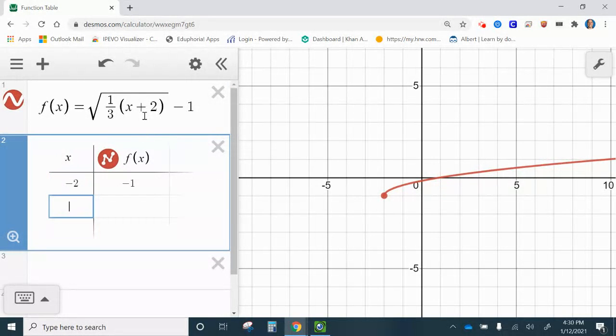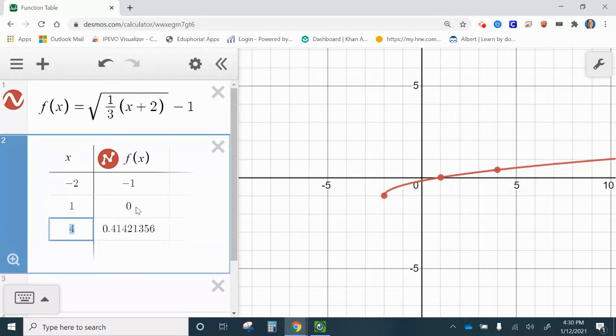Now the next value, let's try negative 1. That doesn't work. Let's try 0. That doesn't work. 1 is a good point. 2, 3, 4, 5, 6, 7, 8, 9, 10. 10 works. So negative 2, negative 1, 1, 0, and then 10, 1.